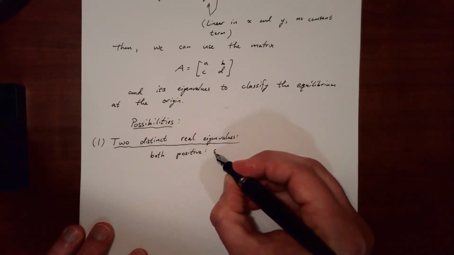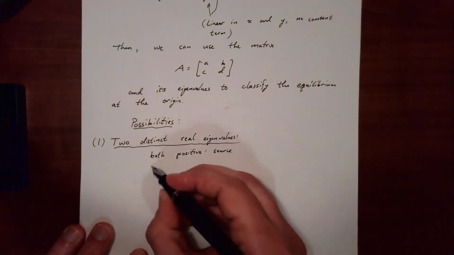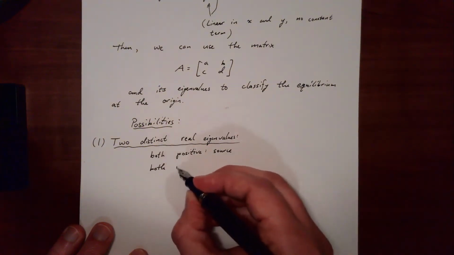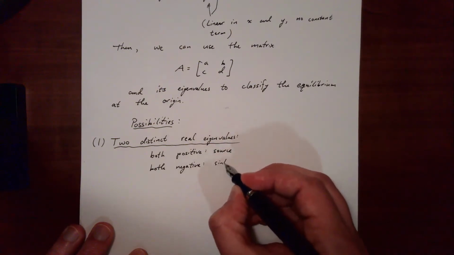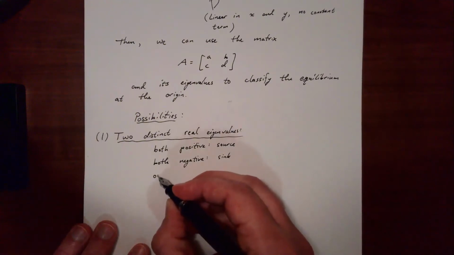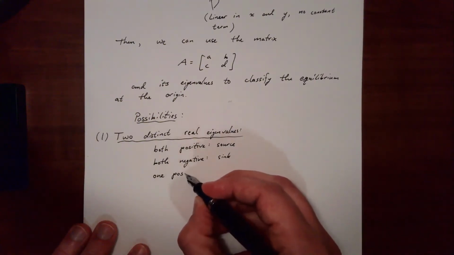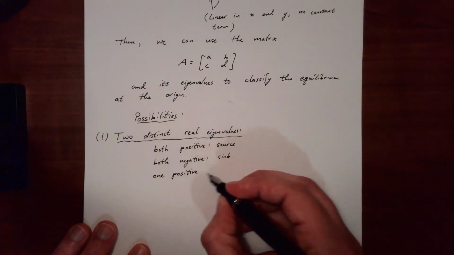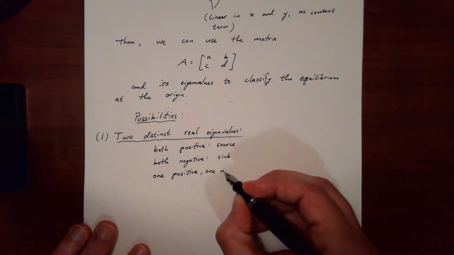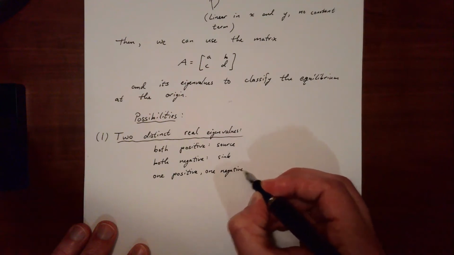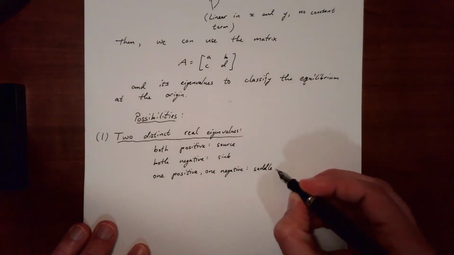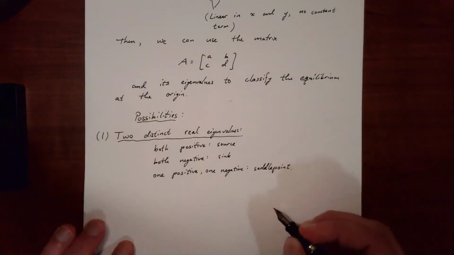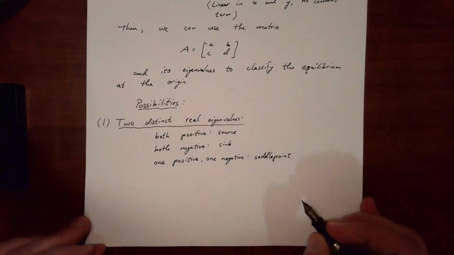Both positive was a source, both negative was a sink, and one positive, one negative, that was a saddle point. Okay, we remember that.